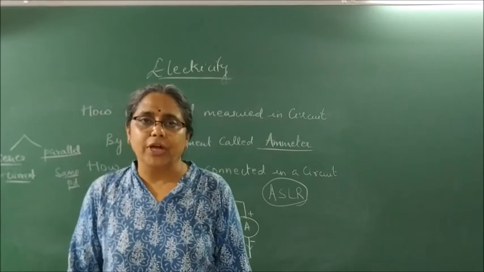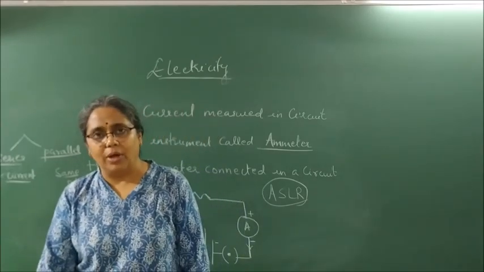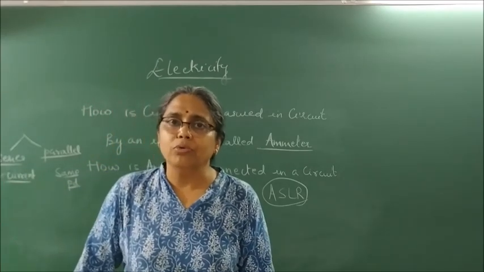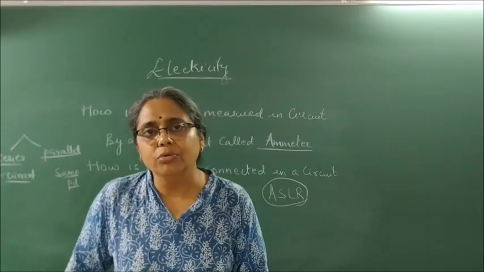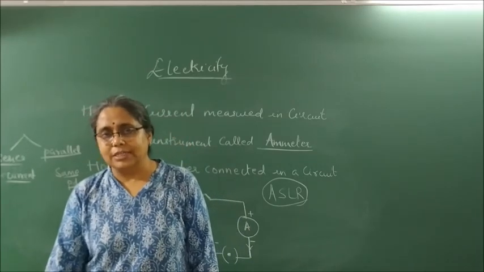The SI unit of current is ampere. 1 ampere is defined as 1 coulomb per 1 second. That is, when a charge of 1 coulomb flows through a cross section of a conductor in 1 second, it constitutes a current of 1 ampere.